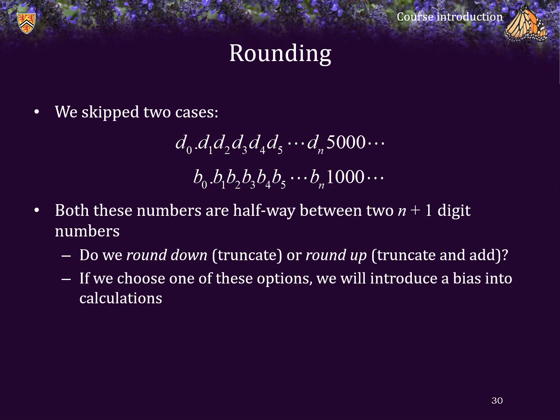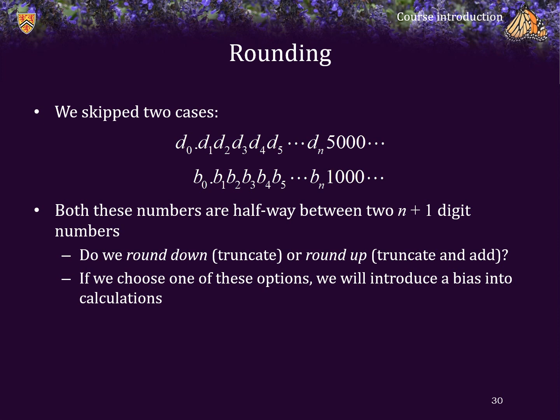If we choose only one of these two options, we actually will start to introduce a bias into our calculation. So if we only round down, if we are performing thousands and thousands and perhaps even millions of calculations, this will give us a slightly smaller number on average.